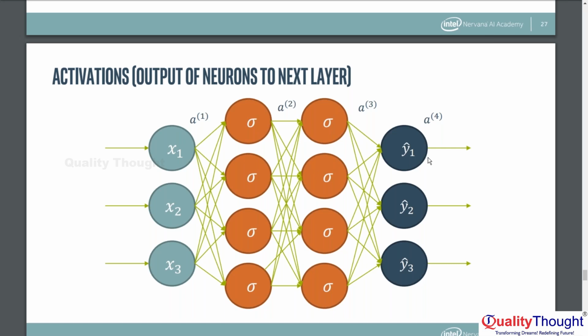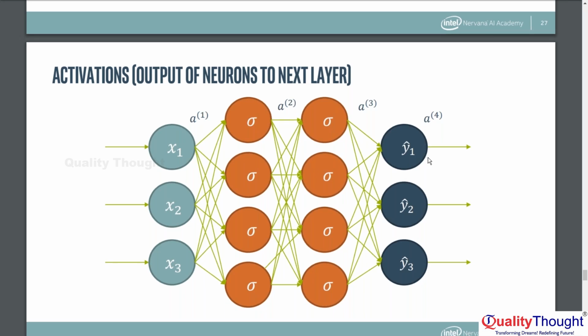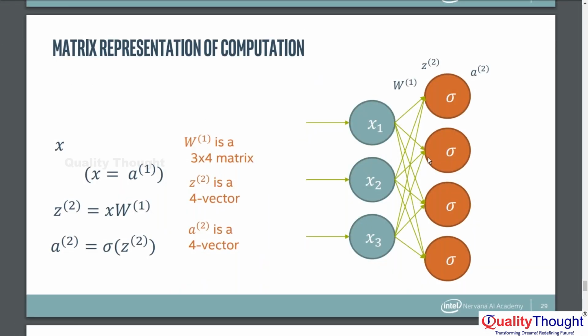So here you can clearly understand the matrix representation of the computation. I will show you the matrix representation of the computation in the convolutional neural networks in tomorrow's session, and you will have more clarity about that part.